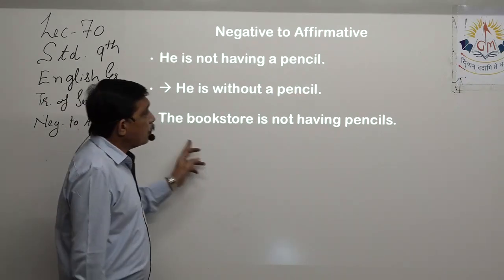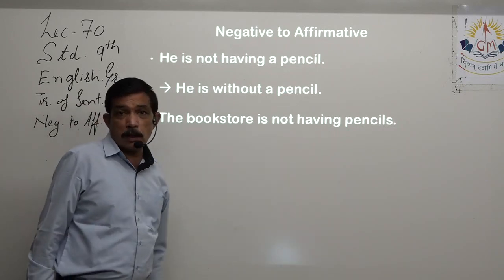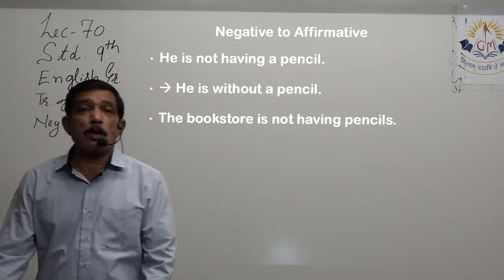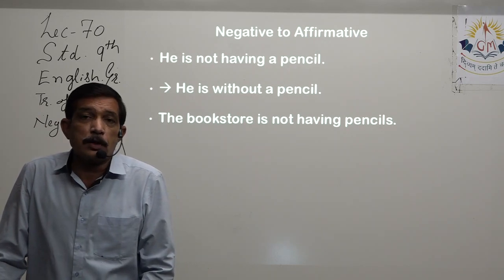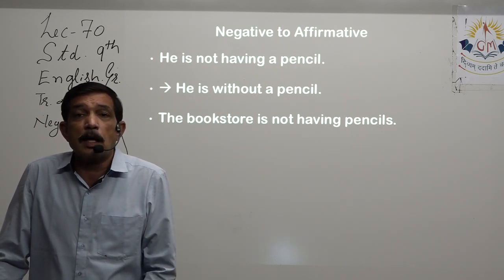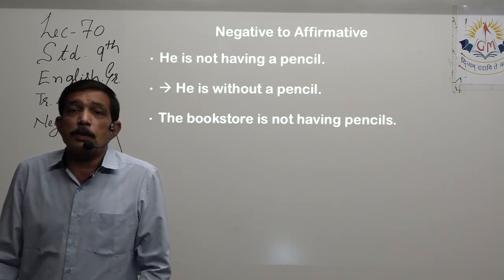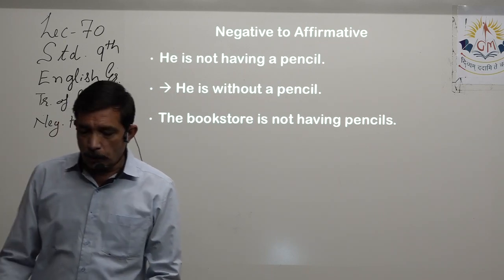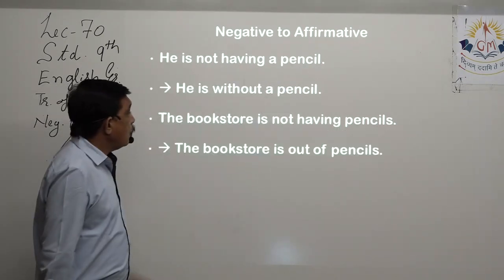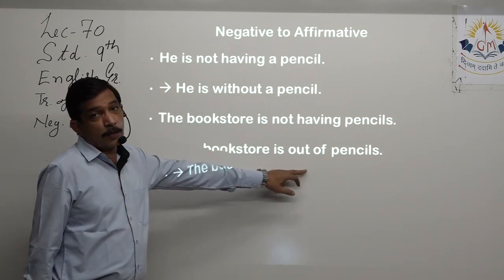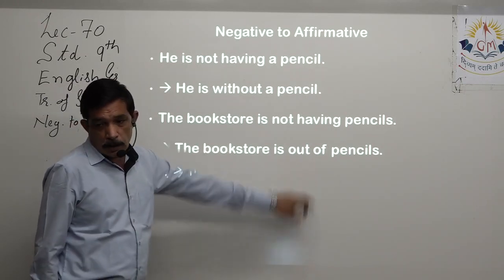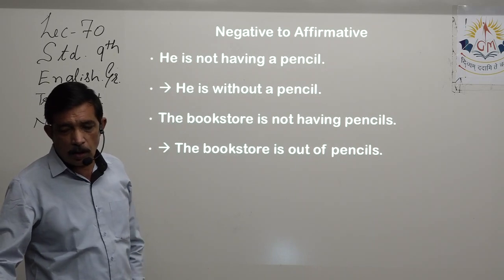We cannot say the bookstore is without pencil. Maybe the stock got over and the fresh stock has not arrived, so pencils are right now not available at the bookstore, right? So we have to say the bookstore is out of pencil, that means stock is completed, or stock is over.